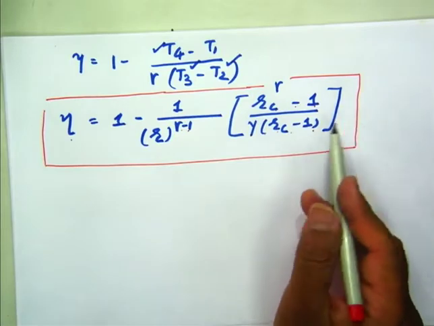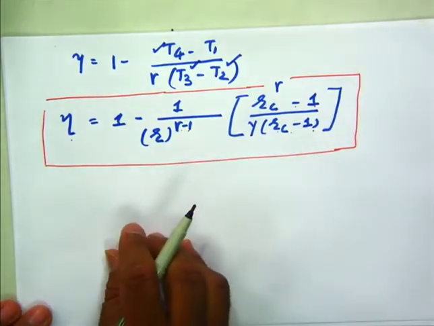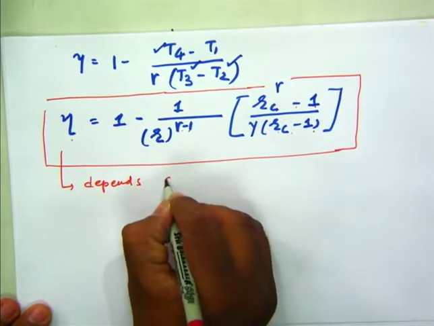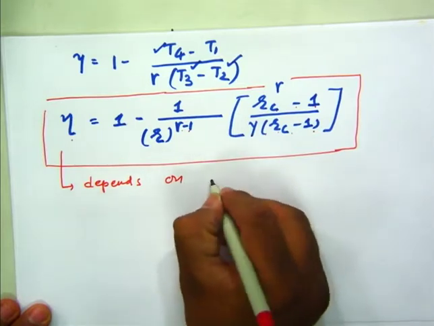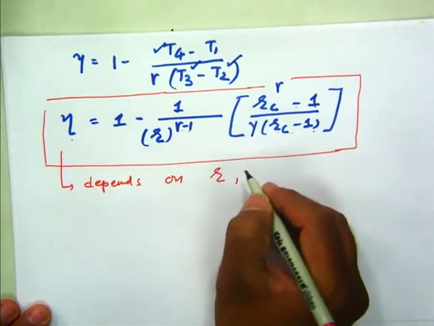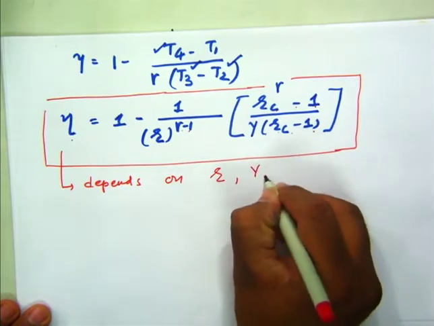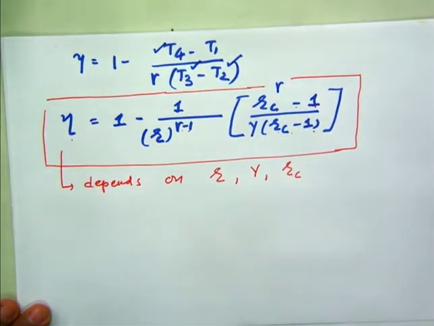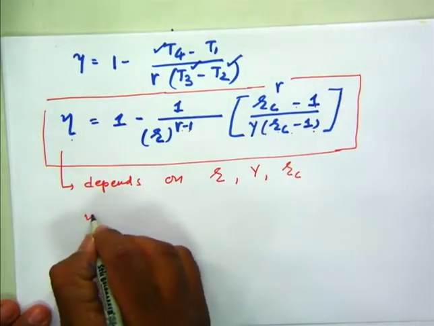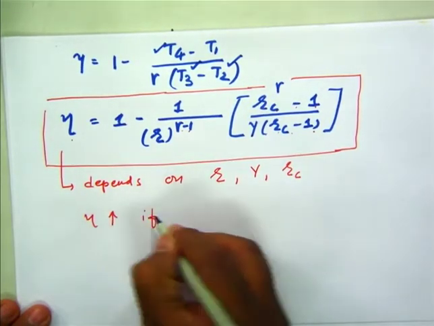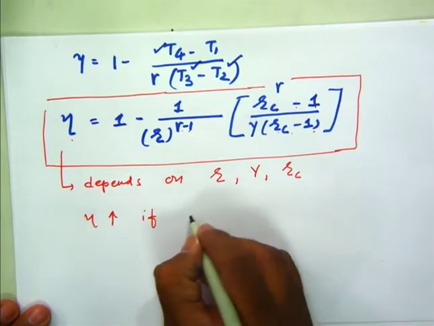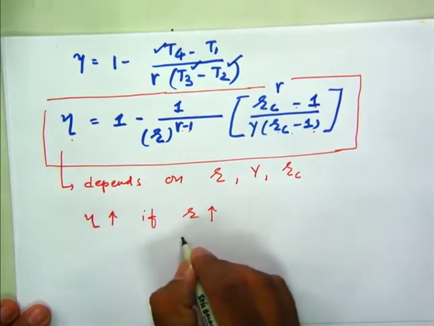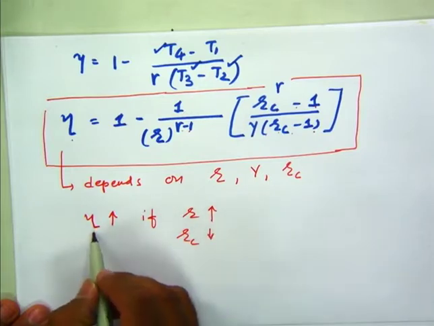It is clear from this equation that efficiency depends on the compression ratio R, the ratio of specific heats gamma, and the cutoff ratio RC. If we increase R, efficiency can be increased. If the cutoff ratio decreases, efficiency can be increased.